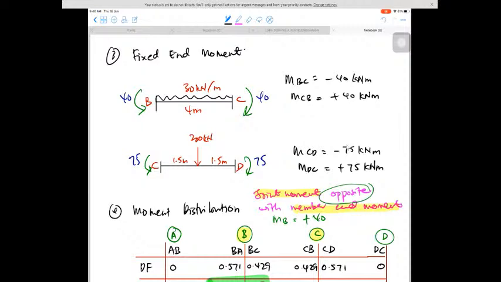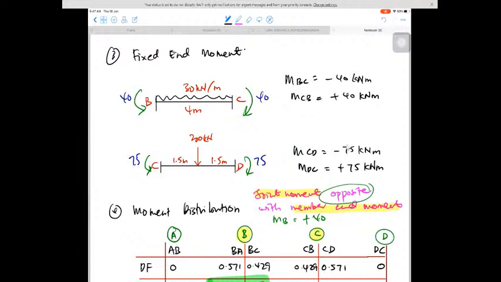For the moment distribution method, as I mentioned earlier, the sign convention used is clockwise positive. So by comparing the sign convention with the direction of moment occurring at the fixed end supports of these two beams, we find that the sign is like this, as shown.